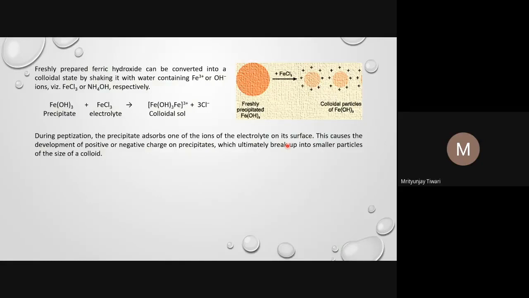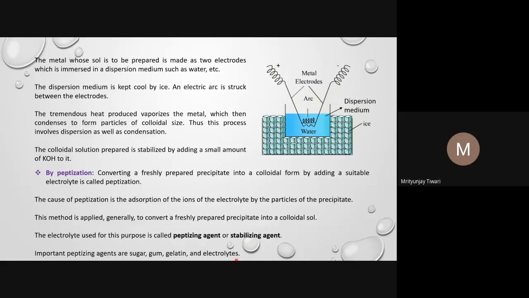So if such charges are adsorbed all over the surface, this precipitate will be broken into smaller pieces and smaller particles of the colloidal size, and so we can prepare the colloid by the method called peptidation.